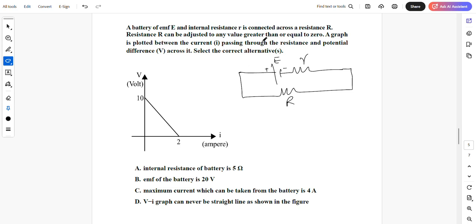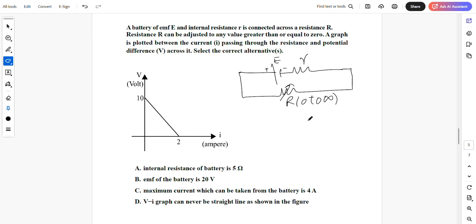Resistance R can be adjusted to any value; this is a variable resistor, adjustable from 0 to infinity.